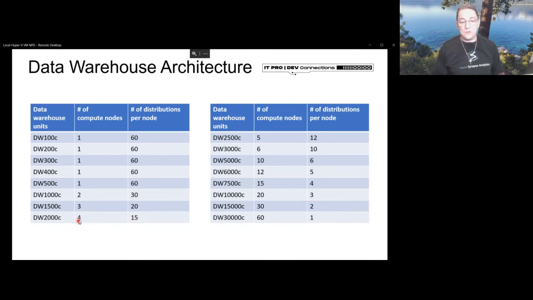When you start going from DW1000 and up, you are actually adding more servers, and therefore adding memory and all the hardware that goes behind the scenes under Synapse. You start adding more resources, which means you have way more horsepower and degrees of parallelism going on behind the scenes, right?